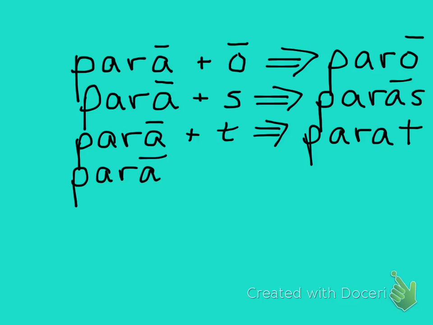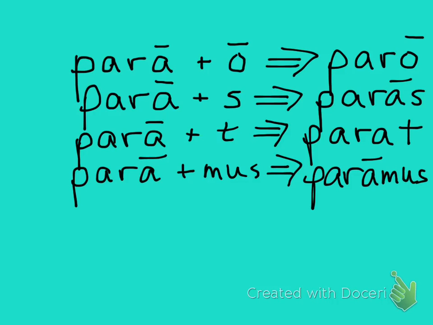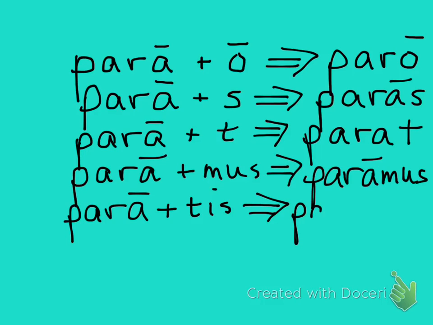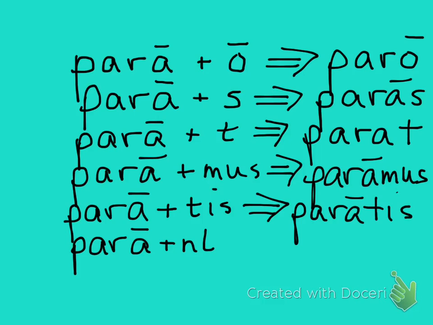So it's para plus mus, which is paramus. Then you take para with TIS, and that forms you plural prepare, paratis. And the last one is para plus NT, and that gives you the form parant.